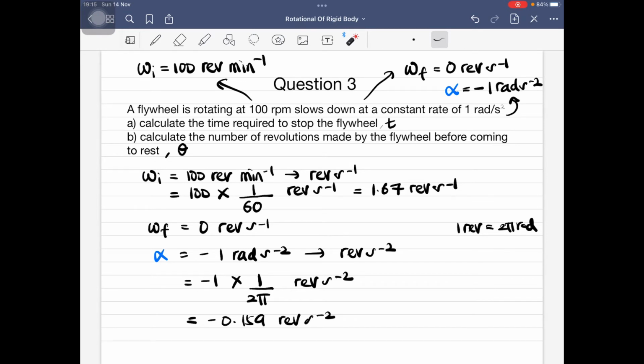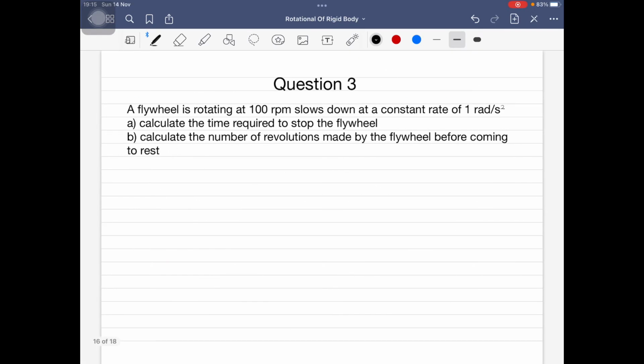Next, I'm going to calculate the first question, which is question A. It said calculate the time required to stop the flywheel. To find t for question A, I'm going to use the first equation, which is omega final is equal to omega initial plus alpha times t. As we know from the previous, we already have omega f, omega I, and alpha. Then we just substitute.